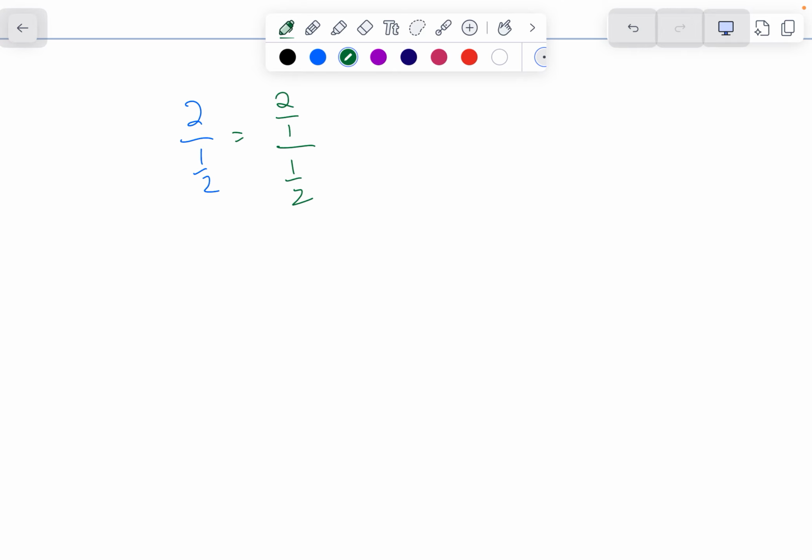Okay. Now if you see that, to divide by a fraction is the same as multiplying by its reciprocal. So if you want to rewrite that as 2 over 1 times 2 over 1, that will work. But I'm going to show you a trick that works really nicely, especially as we go into more complicated fractions later in the year. I call it big C over little c.